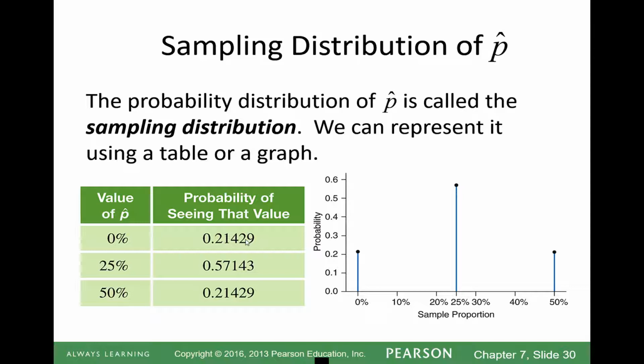And then the probability of getting 25% cat people here. And the probability of seeing 50% cat people is here. All this is from the sample proportion. I didn't say anything about the size of the sample here. These are all the possibilities that can happen.